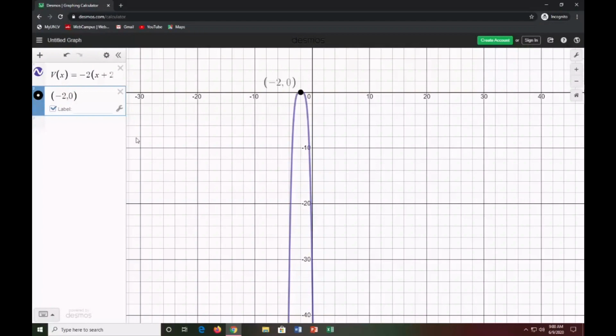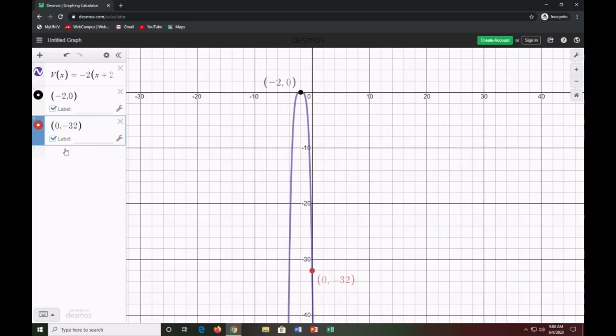Let's label it. That's that. Then the y-intercept was at 0, -32. Right there with the red dot, right? So let's label it 0, -32.